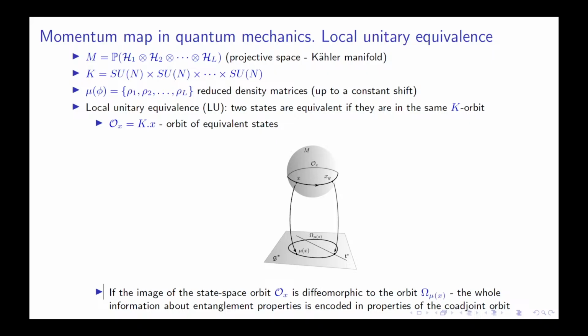It means that via this unitary transformation I can diagonalize every matrix which is here, so I can put it in diagonal form, and this diagonal form is an element of this Cartan subalgebra. The Cartan subalgebra is a maximal commutative subalgebra on the level of the algebra.